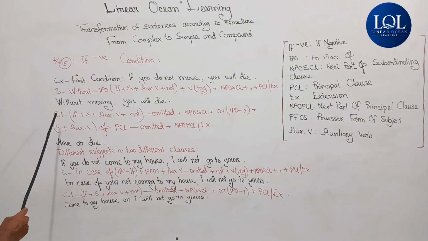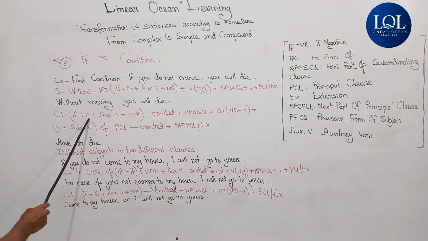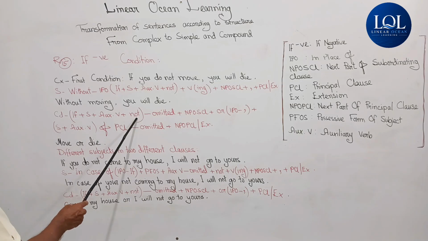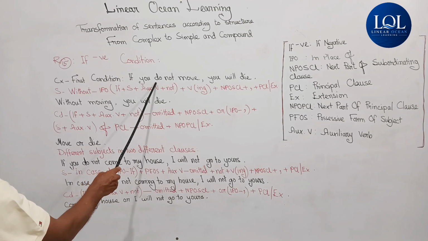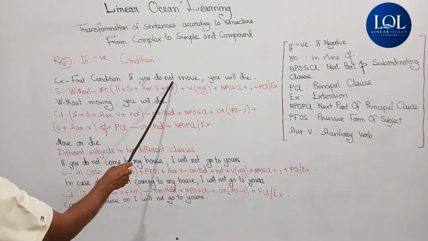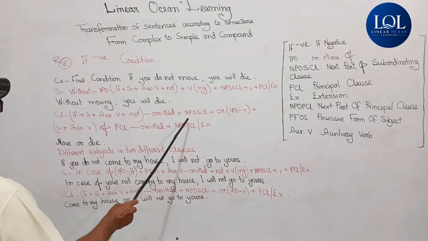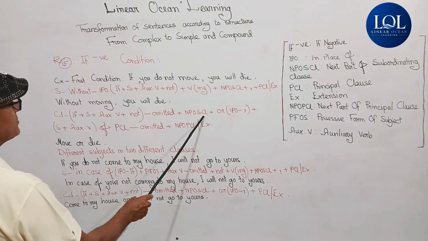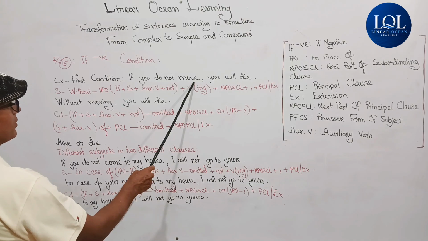Now come to the point of compound sentence. To put it into compound sentence, we have to follow this structure. If plus subject plus auxiliary verb plus not omitted, plus next part of subordinating clause. Next part of subordinating clause is move.